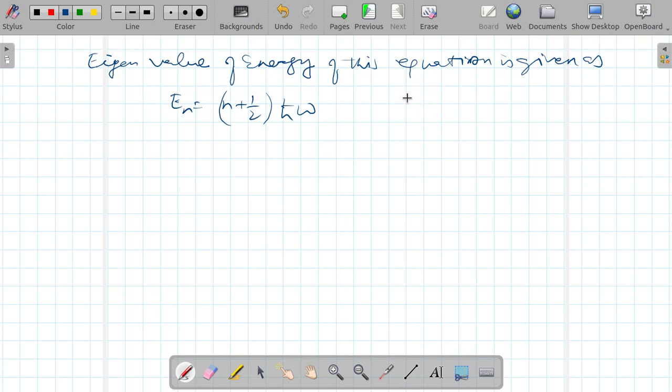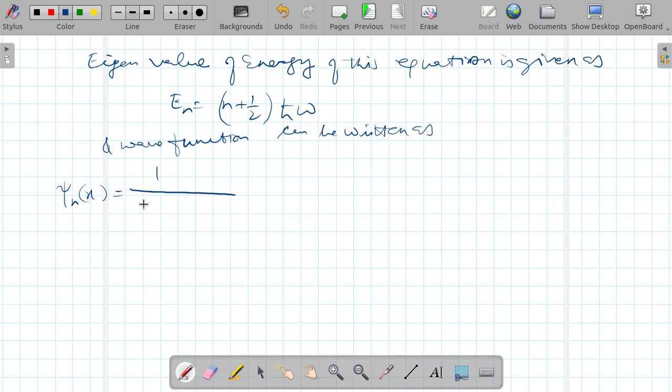Only equally spaced, discrete values of energy are possible, and the wave function can be written as psi n of x equal to 1 over root pi, whole under the root, 2 raised to power n factorial into x naught, e raised to power minus x square over 2 x naught square, into H n of x over x naught.